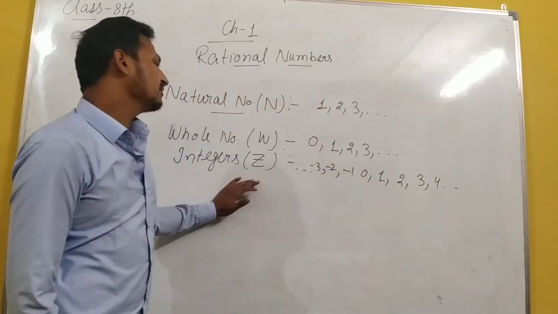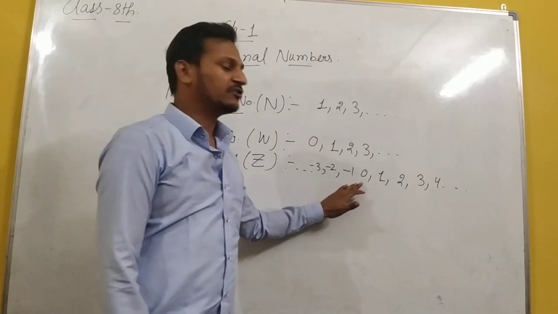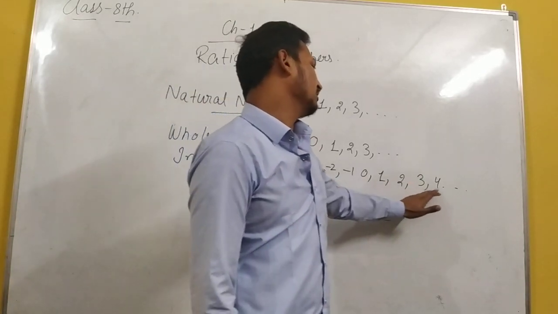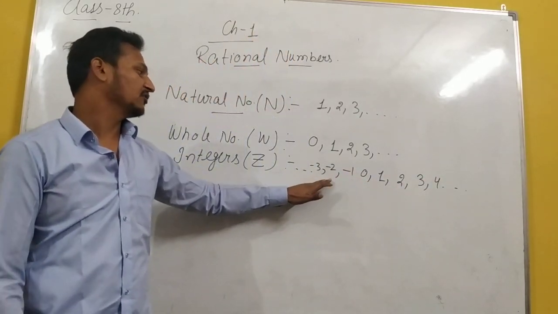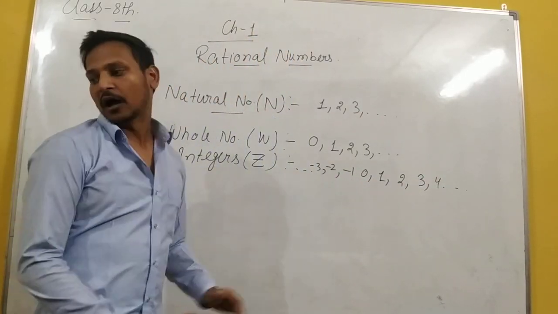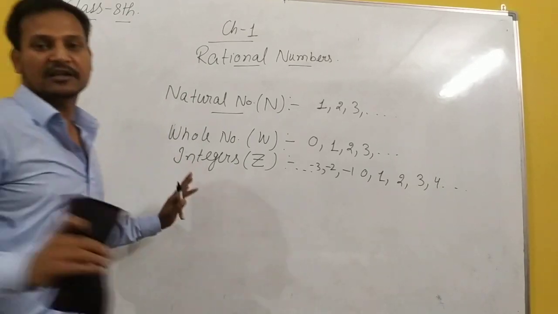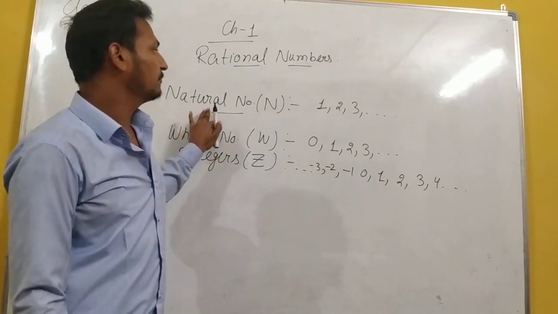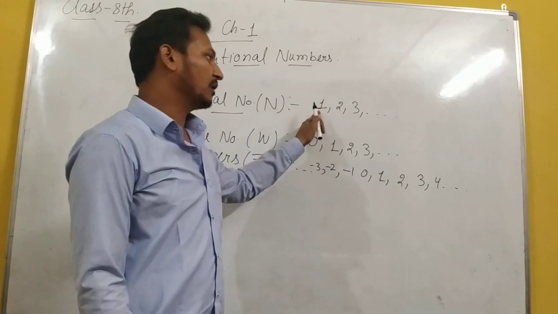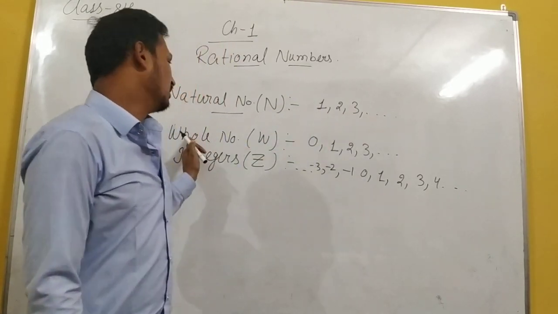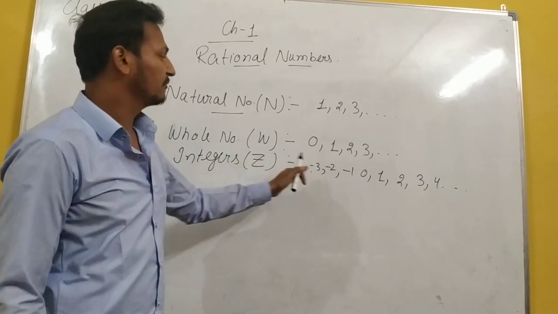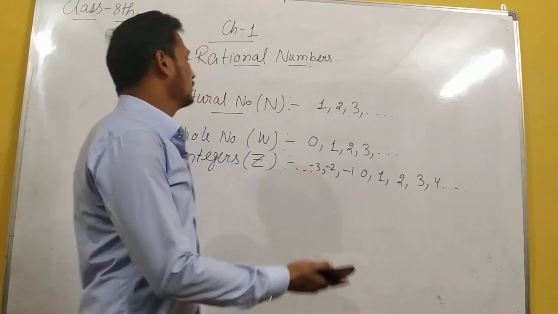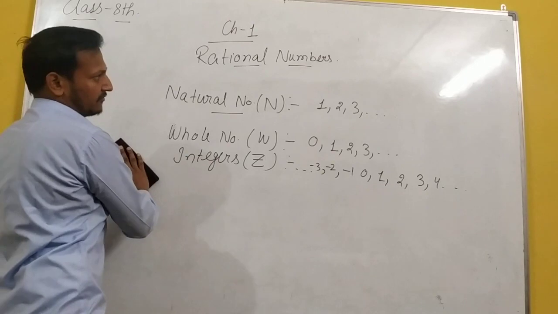So integers are a system which contains 0, 1, 2, 3, 4 as well as their negative numbers, that is -1, -2, -3. I hope all of these systems are clear to you: natural system contains counting from 1, whole number system contains counting with 0, and integers contain 0, 1, 2, 3 and -1, -2, -3.